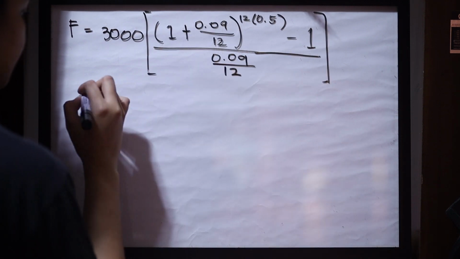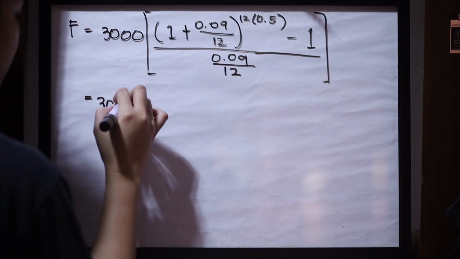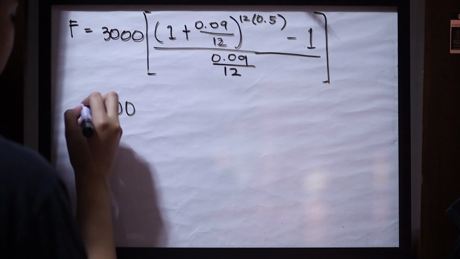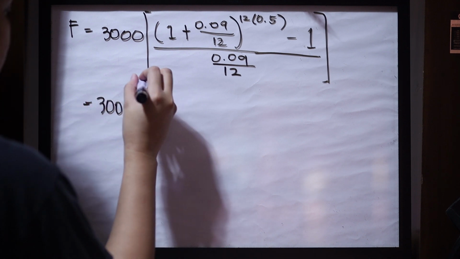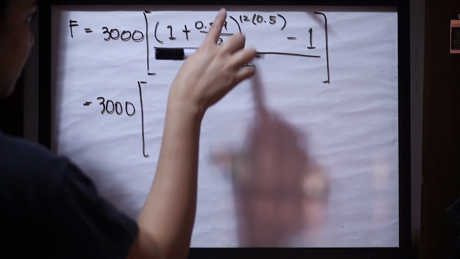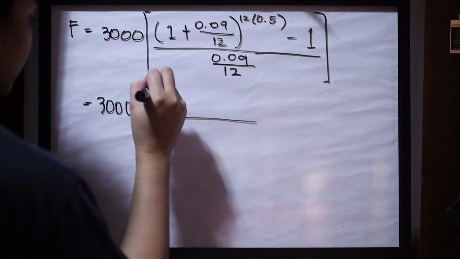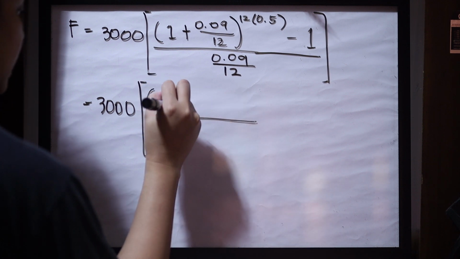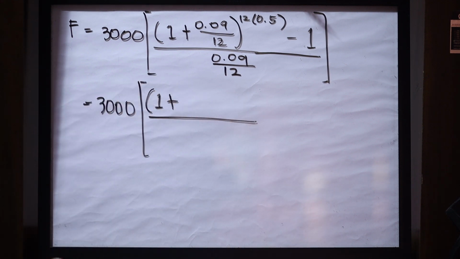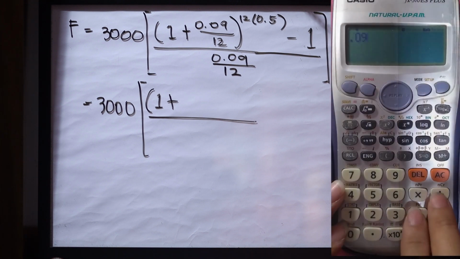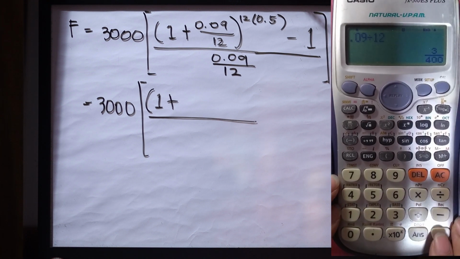So, we first simplify. You copy 3,000. Tapos, you simplify 0.09 over 12 in your calculator. So, in your calculator, we have 0.09 divided by 12.